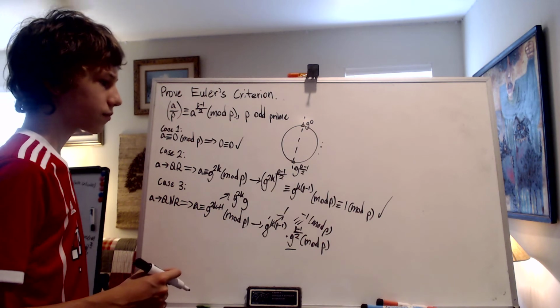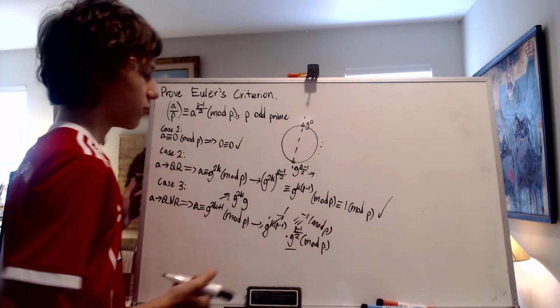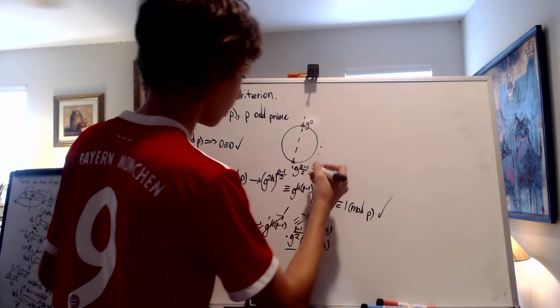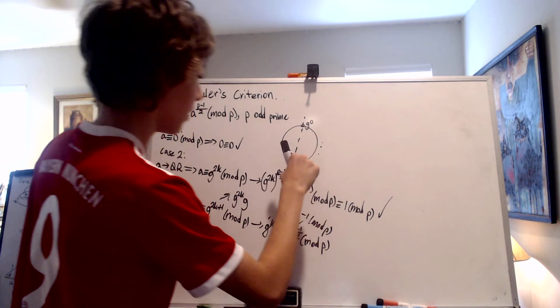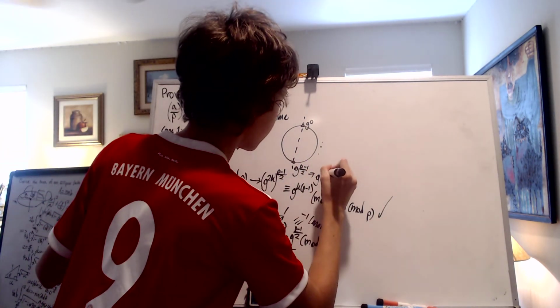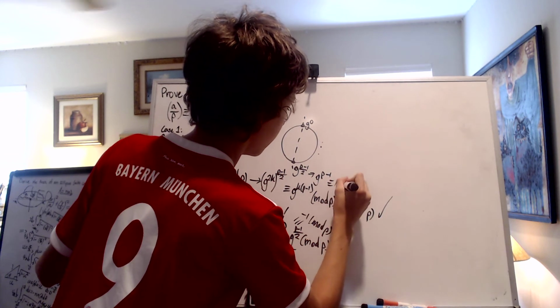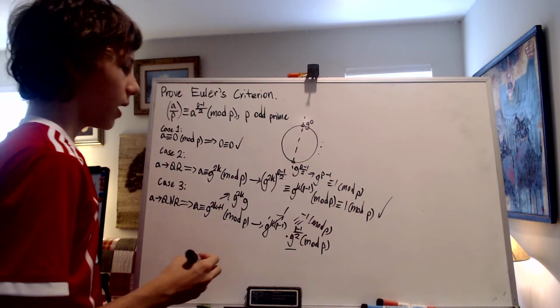Okay. Well, let's see. Just as review, we can check that it's its own inverse by computing its square, which is just g to the p minus 1, which is congruent to 1 mod p. So that's good.